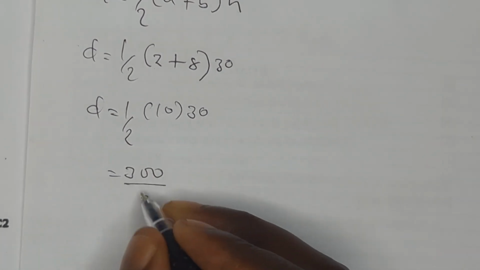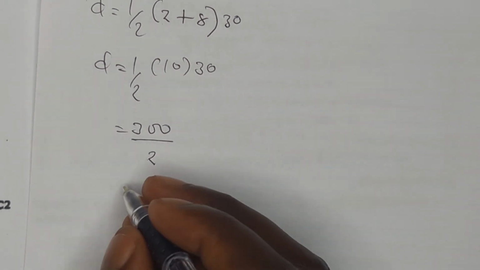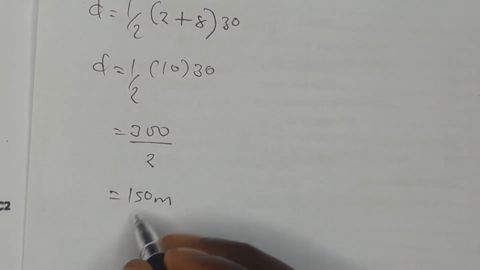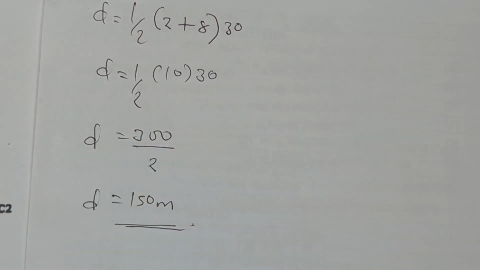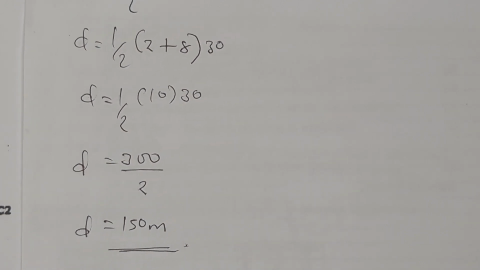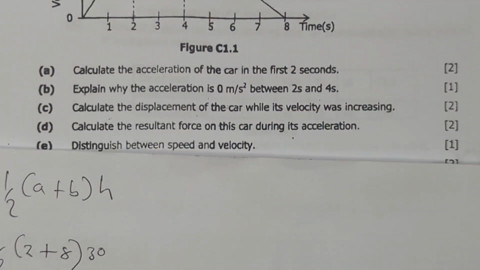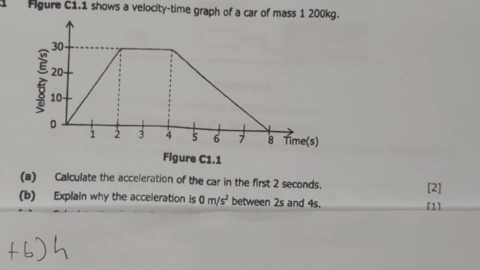Divided by 2. 2 into 300, this is 150 meters. So this is how you calculate the distance if you are using the trapezium. If you are not comfortable with this, you can calculate part by part.